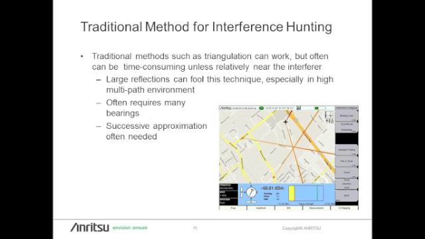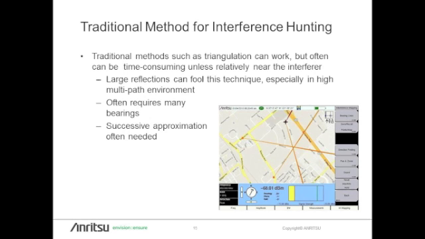So what I'd like to touch on now is some traditional methods for interference hunting, and these work, but they can be somewhat time-consuming and potentially somewhat inefficient, particularly if you start looking for an interferer from a great distance from where the interferer actually exists. On the bottom here is a chart.